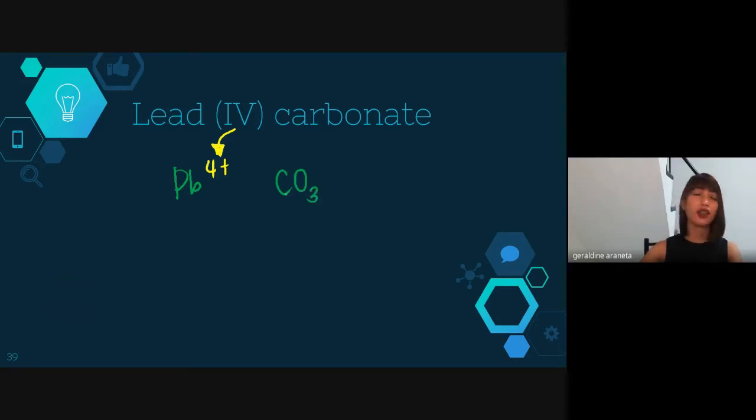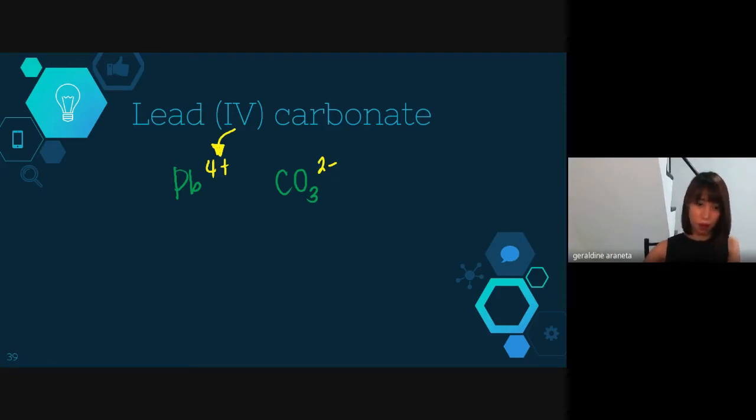Ibig sabihin, isang carbon, tatlong oxygen. And the charge of carbonate is 2 negative or negative 2. Naiintindihan? So carbonate is CO3, then the negative 2 is the charge.